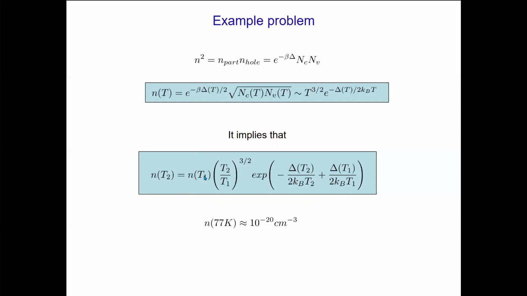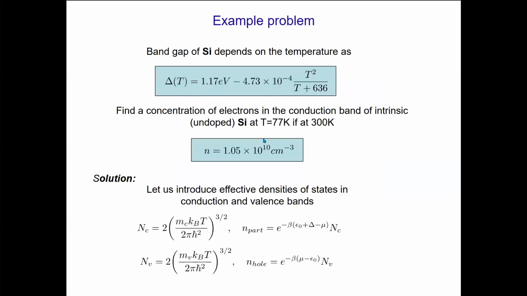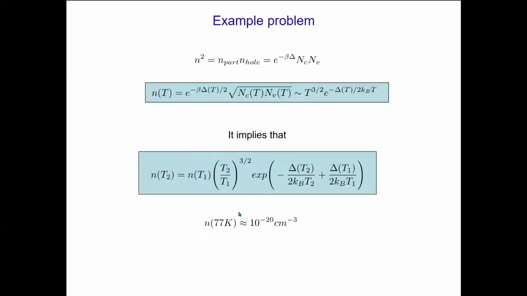And so if you substitute T2 equals 300 kelvins and concentration 10 to the power 10, then at the temperature 77 kelvins, the concentration becomes 10 to minus 20 electrons per cubic centimeter.